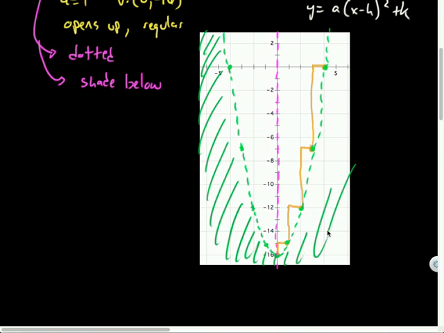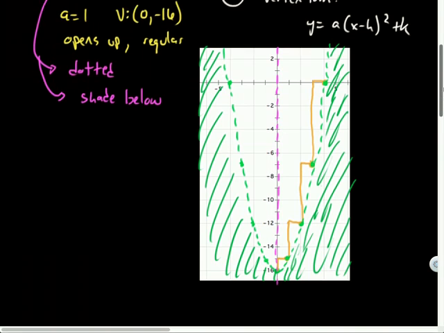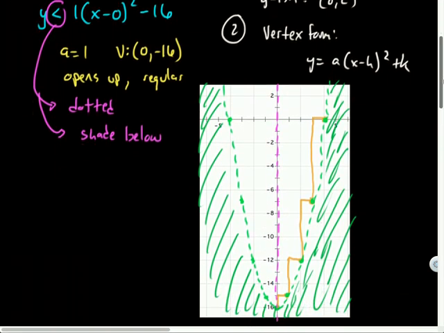So that means my solutions to this inequality are all of the infinitely many points that are not on the parabola, but all the ones underneath it that are up to but not including it. All right? Not too shabby. In fact, I could even check a single point if I wanted. So I could pick a point like here, 0, 0.